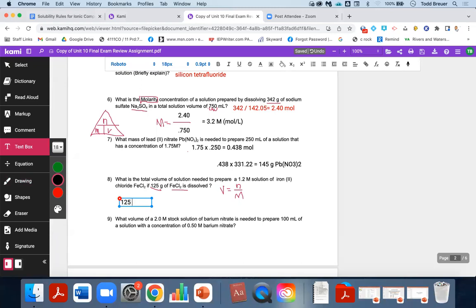So 125 divided by, let's see, we'll take 1 iron and we'll add 2 chlorine to that. And we get 126.75 when we do that. That gives us N, the mole amount. So 125 divided by 126.75, we get 0.986 for N. That's mole amount, so let's label it that way so you can see that.